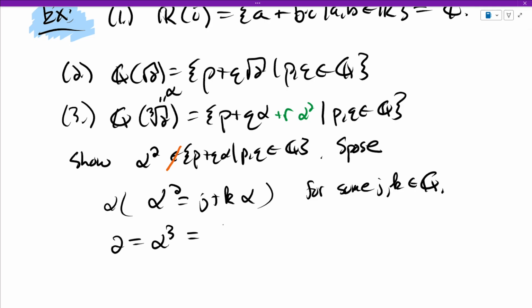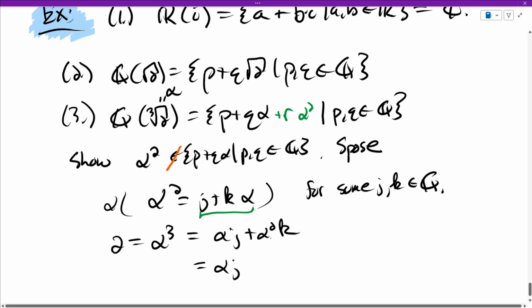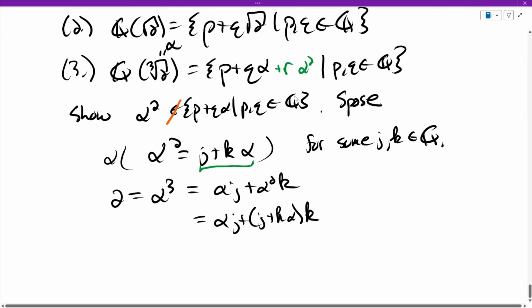And on the right-hand side, what are we going to get? We're going to get alpha j + alpha squared k. Great. But alpha squared, we're assuming, is j + k alpha. So we're going to plug that in. Did I do that right? I think so. That looks good. Okay.